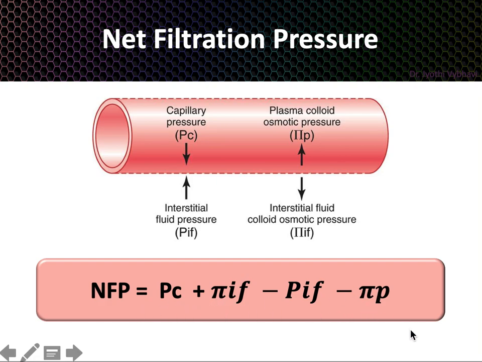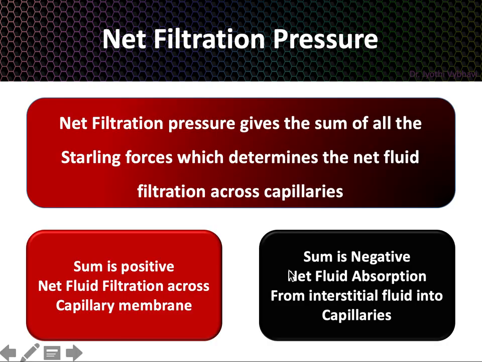At this stage, I would request you to take your pen and paper, so that it will be helpful for the upcoming slides. When the net filtration pressure is positive, there is filtration. When it is negative, there is absorption.